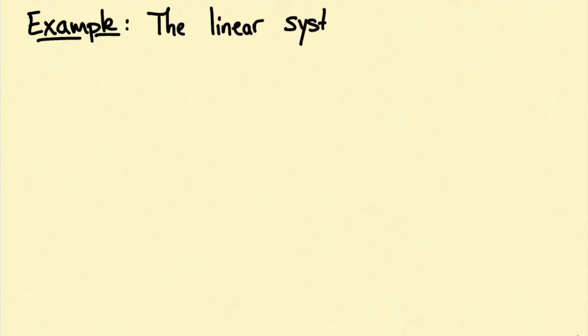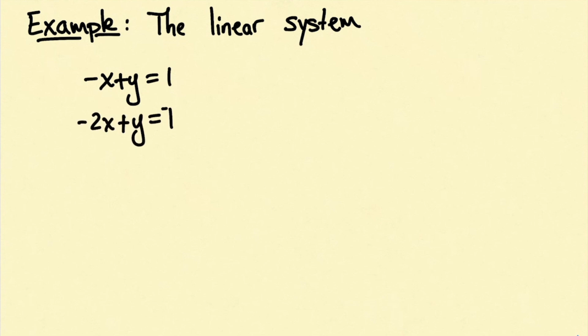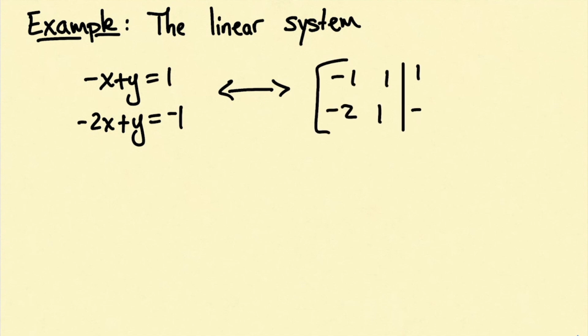So let's do an example. If we take the linear system, negative x plus y equals 1, negative 2x plus y equals minus 1, then this system corresponds to the augmented matrix.